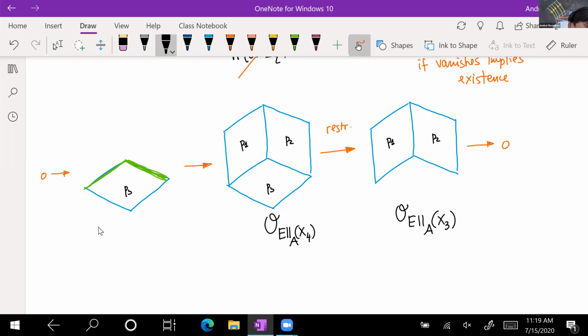So these are functions on the elliptic homology of just the fixed point that vanish on the intersection.